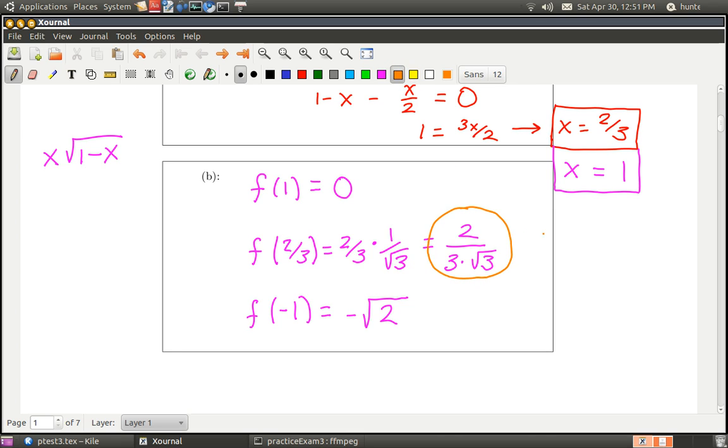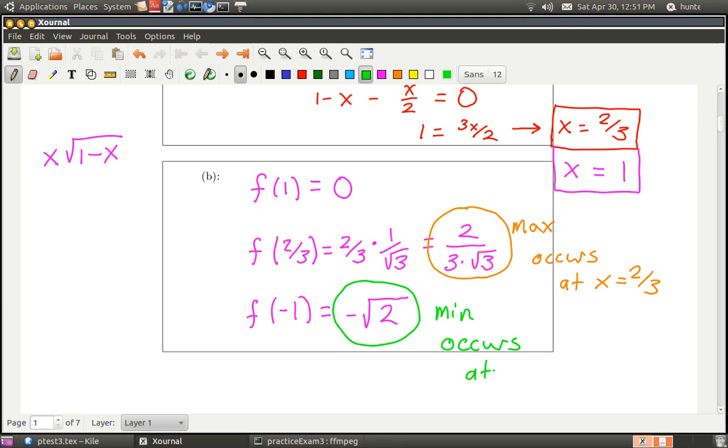So here is the max, and it occurs at x equals 2/3. And this other thing is clearly the min because it's negative, right? So here is the absolute minimum, and it occurs at x equals -1. And we're done. The question is over. Let's go to the next question.